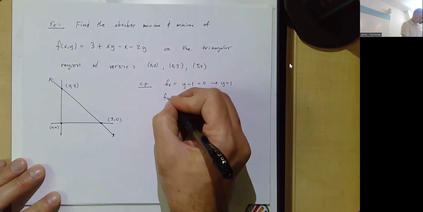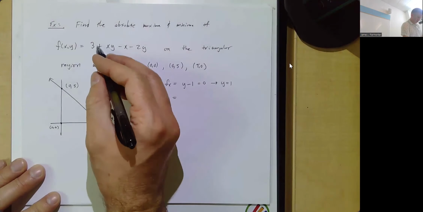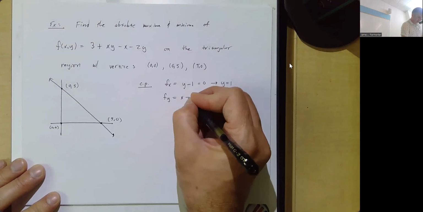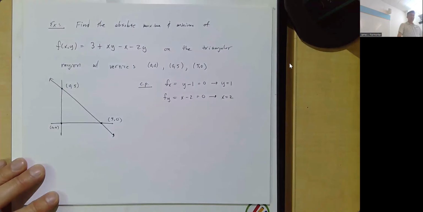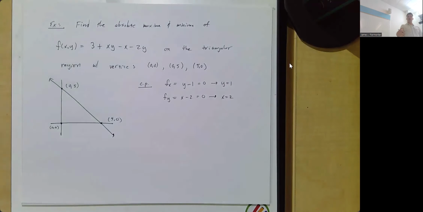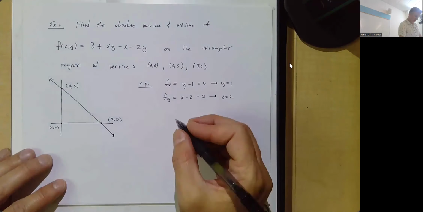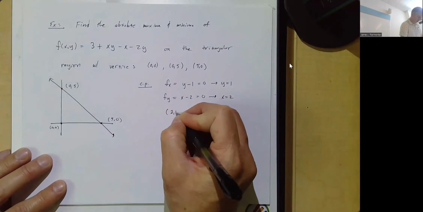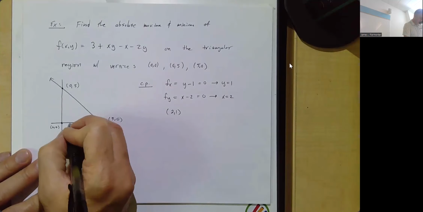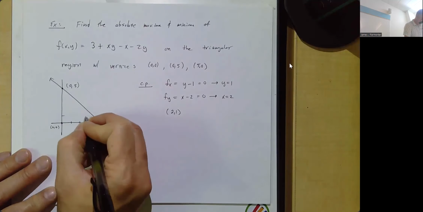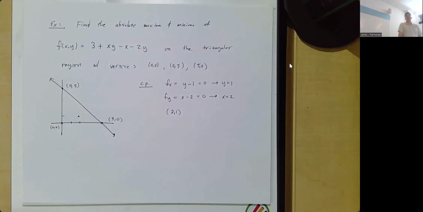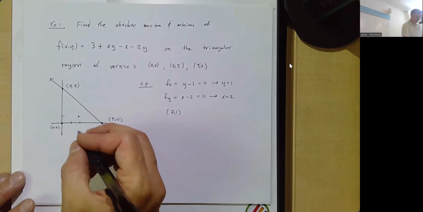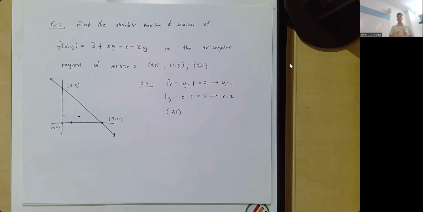The other partial, fy, is going to be x minus 2. Again, not too terrible to solve. So my one quote unquote normal critical point here is 2, 1, which certainly is in the region that we're looking at. Not that you have to draw it in the region, but it's good to at least think about, is the point inside the region or not?